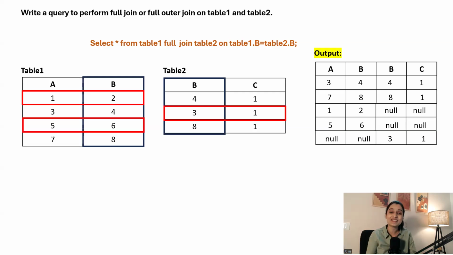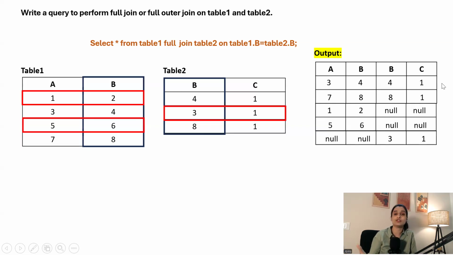Full join means return matching records and non-matching records from right and left table both. So first we got matching records, then non-matching records from left and right table both. The order of these rows doesn't matter. Do remember this. If I display null 3 1 at the top, nothing will happen.